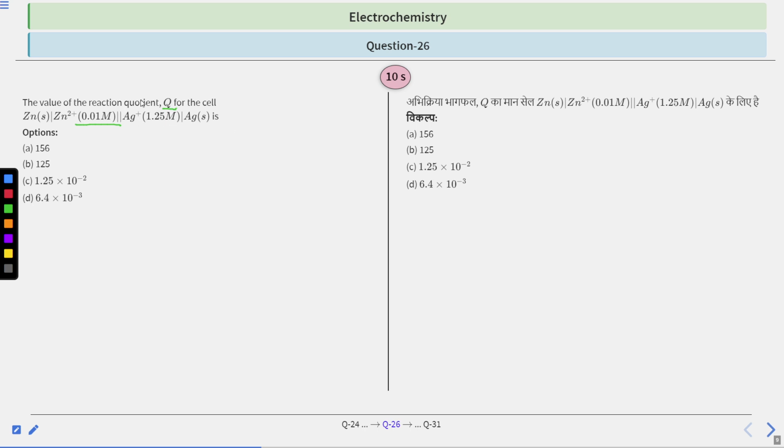So we have to tell the reaction quotient value, Q value for this cell. Options are 156, 125, 1.25 times 10 to the power minus 2, or 6.4 times 10 to the power minus 3. You have 10 seconds to solve this question. After that, we will see the answer.